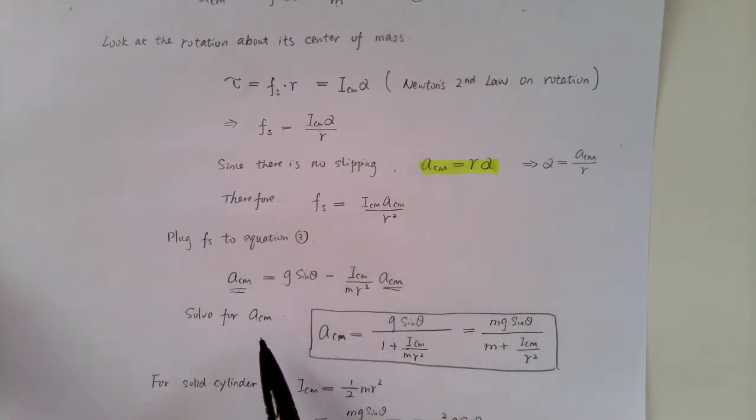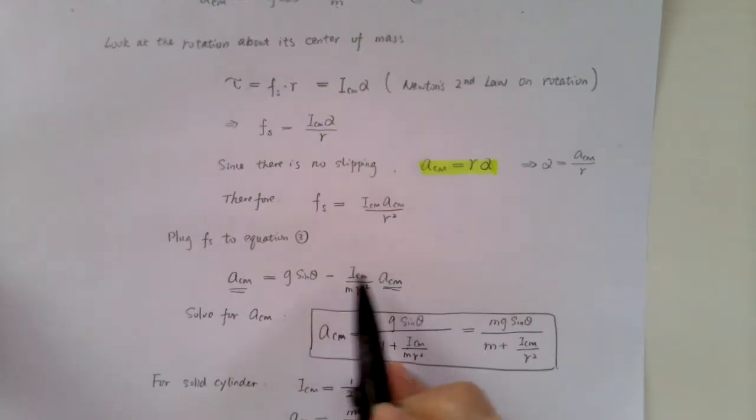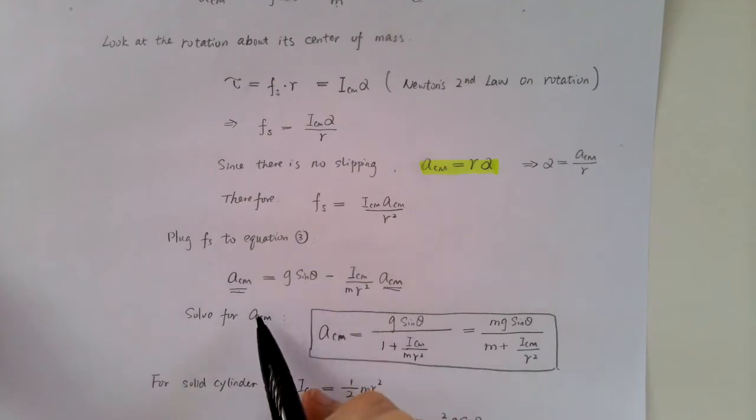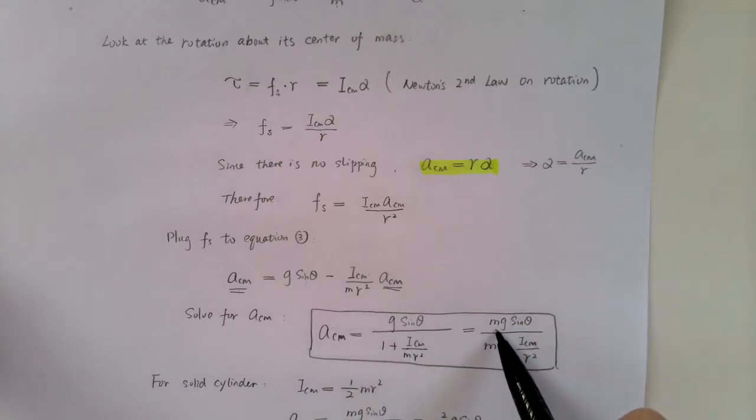And then we just treat it as a simple linear equation, move this term to the left side, combine like terms, and divide by the coefficient. We get the acceleration of the center of mass, ACM, equals g sin theta over 1 plus I over mR squared. And then if we multiply m on every term here, we can get another expression, mg sin theta over m plus ICM over R squared.